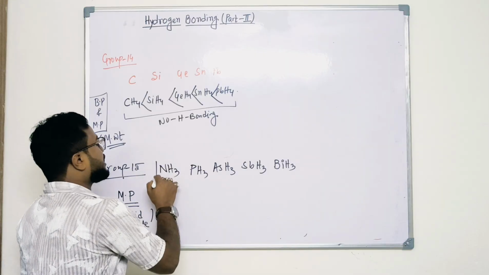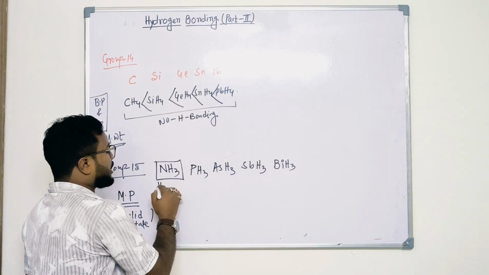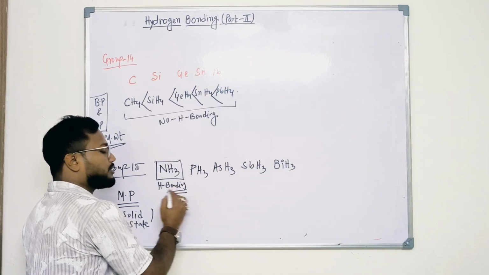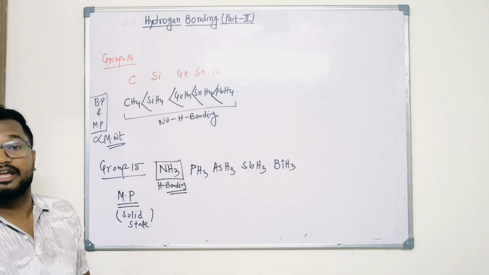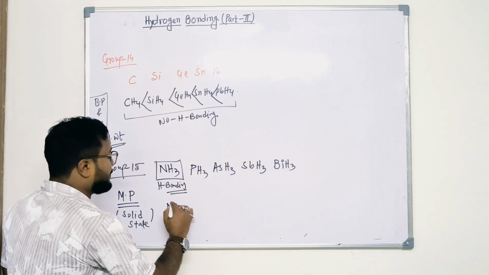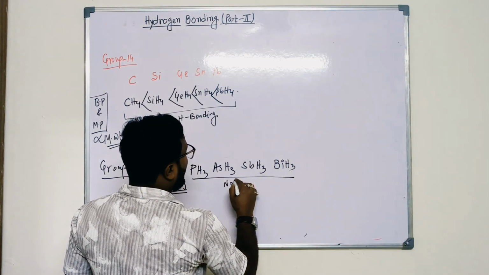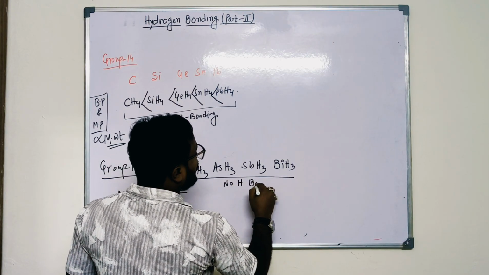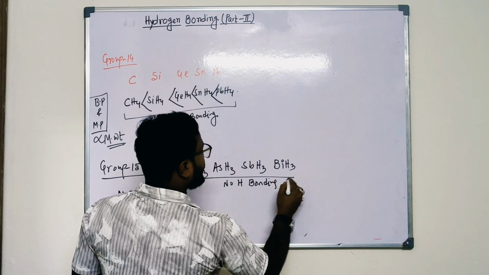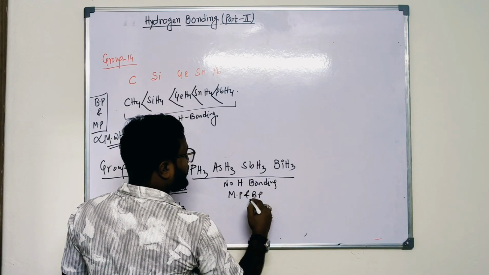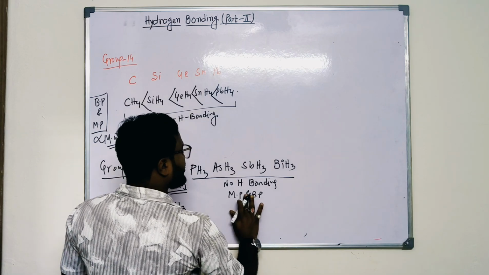Now see, in case of NH3, it shows hydrogen bonding. It has a greater extent of hydrogen bonding. As hydrogen bonding is more, its melting point will be highest. Rest, any of them, no hydrogen bonding. So we can simply say melting point and boiling point, here we are discussing melting point.